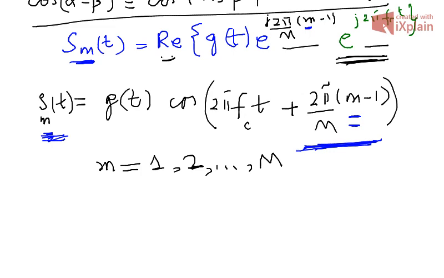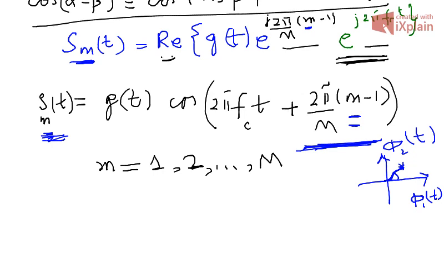Because when we talk about the phase, keep in mind we always try to draw our signals in Euclidean space. In Euclidean space we have basis functions, so you can have phi1 of t, phi2 of t as the basis functions, and you can say I have this point which has a certain phase. So this signal point can be represented with this phase as Sm of t.